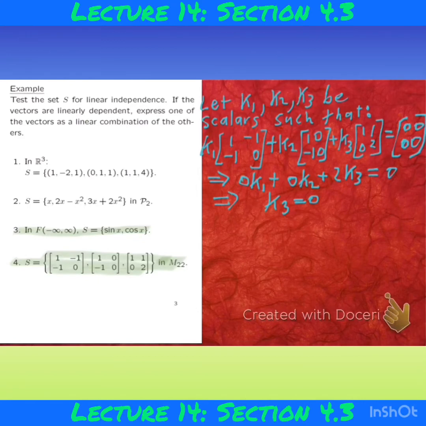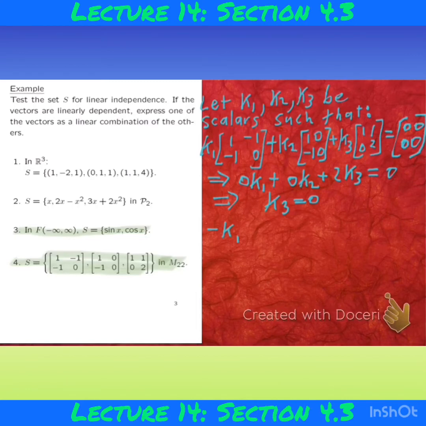Okay, now we can solve for K1 as well. So we also need minus K1. Remember now, observe this, there, and there.